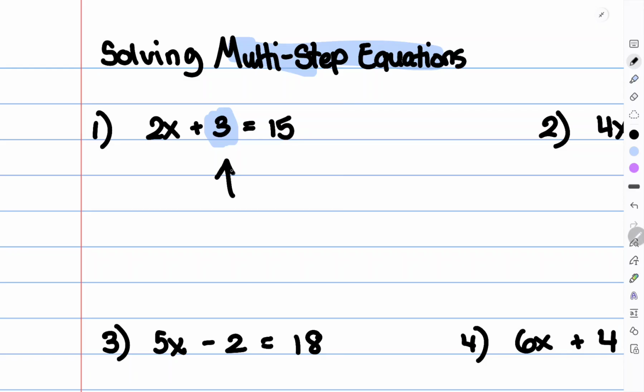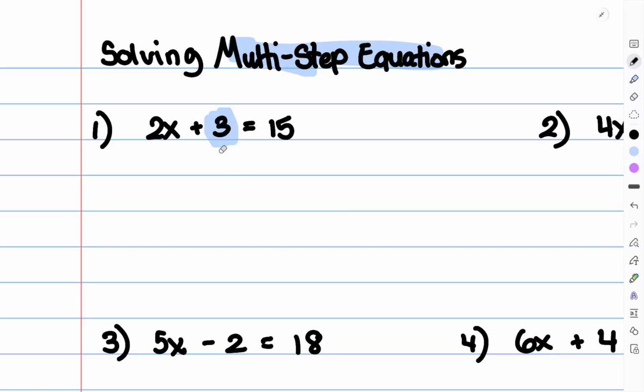This is the floater again, and we want to remove it before we get our variable alone. Getting your variable alone is what we were doing last lesson: you do the opposite. That's removing the number in front of the variable.